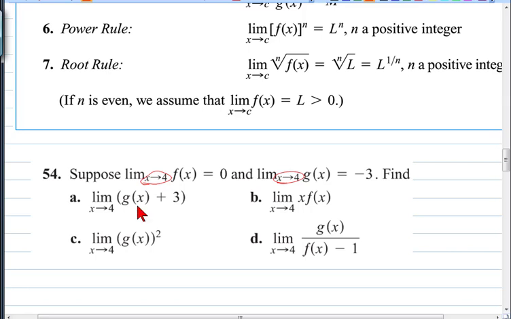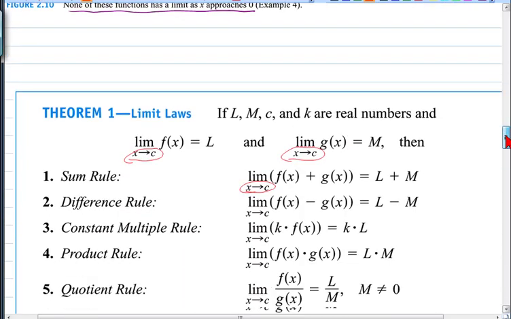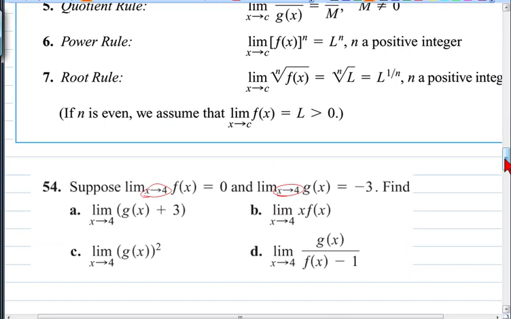How would I find the limit of g of x plus 3 as x approaches 4? Did we have a constant? The limit of a constant is that constant, and that's not on there. But this is going to end up being, what was the limit as x approached 4 of g of x?